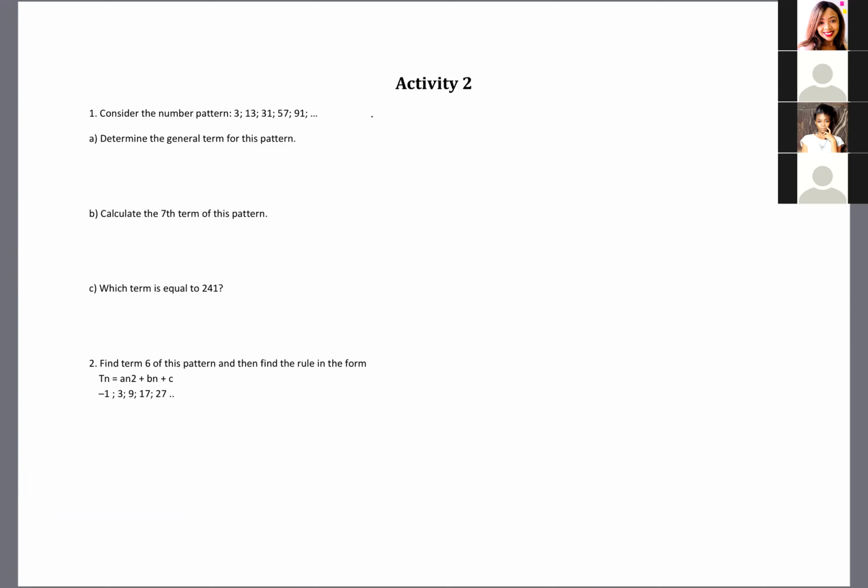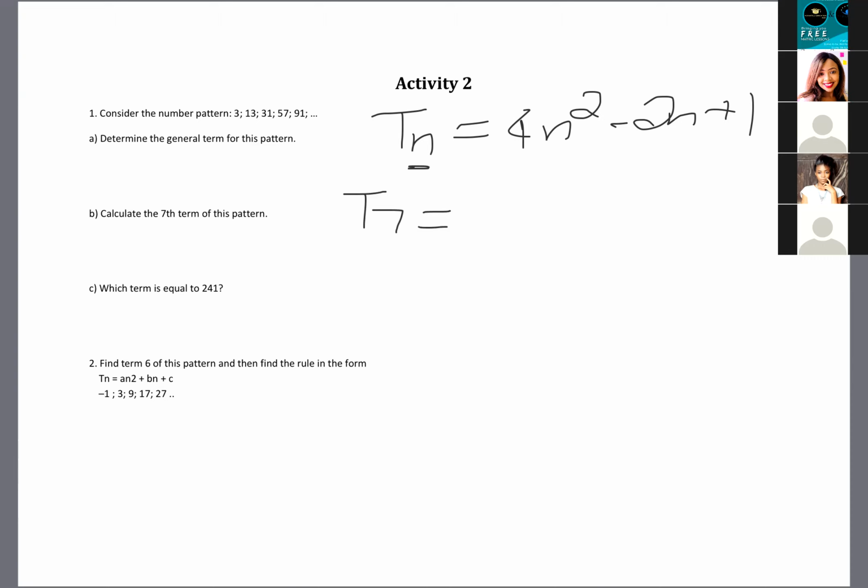So now I already have my Tn, which is my general formula: Tn is equal to 4n squared minus 2n plus 1. If they want the seventh term, I'm going to say T7, and whenever I see an n, I just substitute it with a 7.